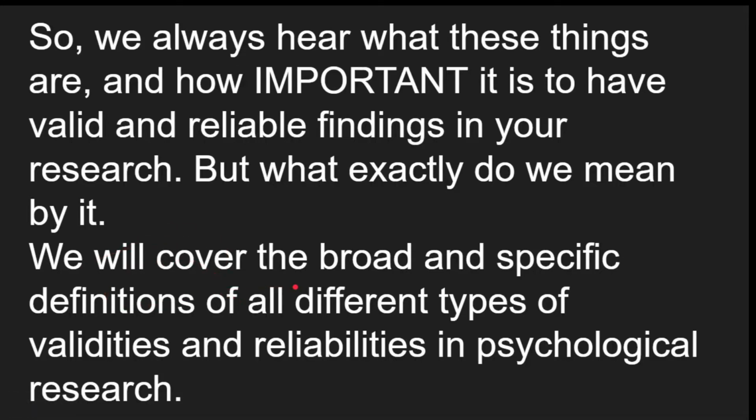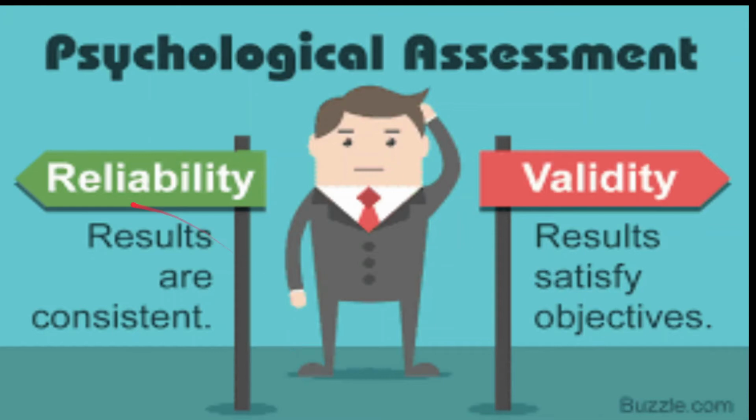So there are broad definitions of validity and reliability, then there are more specific types. So the basic assessment: reliability, again, quite confusing, but reliability refers to the consistency of your results, and validity refers to how well your research findings satisfy your objectives.